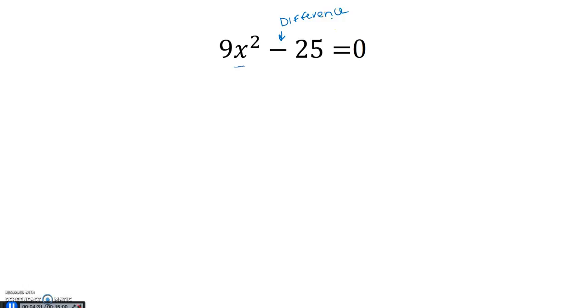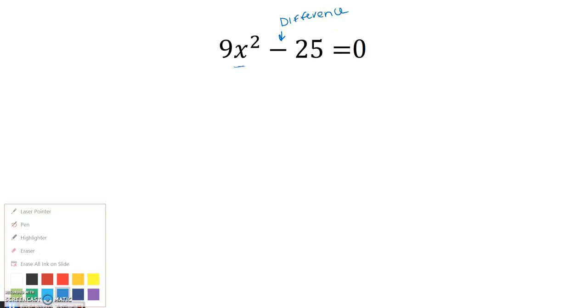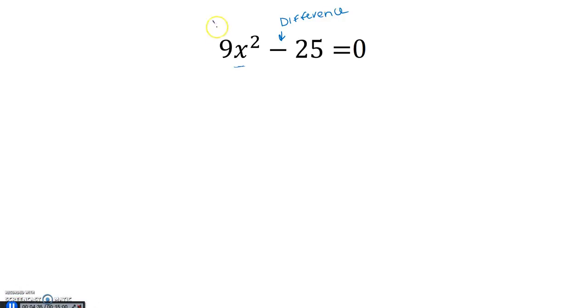They're being subtracted, and you have perfect squares. Nine x squared is a perfect square, and 25 is a perfect square. So you really have two options here. I'll show you the difference of squares factoring pattern.